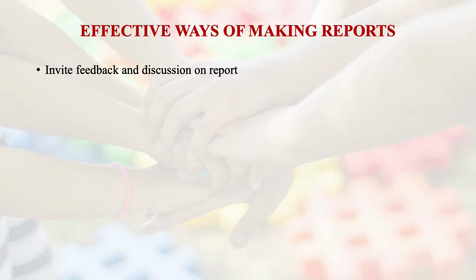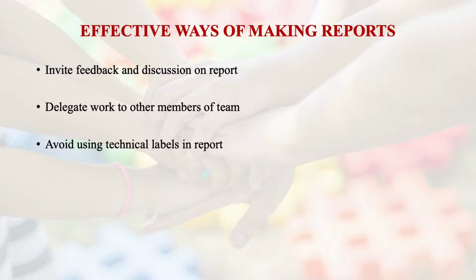Invite feedback and discussions that can be incorporated in the report. Delegate work to other members of the team so that an overburden or a specific kind of burden is not there on one person. Avoid using technical table labels in the report. Keeping the format of the report consistent makes a lot of difference.